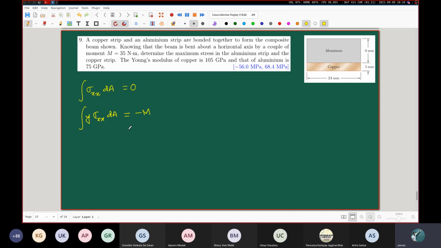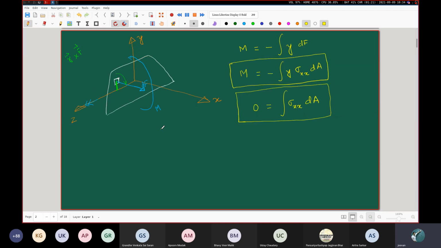These are the exact same things which were there in this second slide. Okay, I'm going back to our Monday's class. These are the two things. M is equal to minus integration y sigma xx dA and 0 equal to integration sigma xx dA.